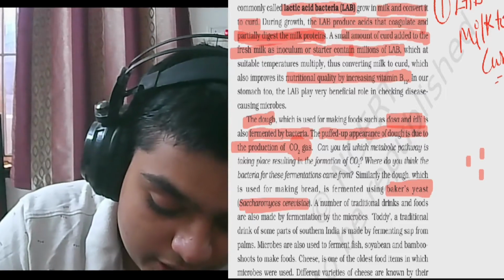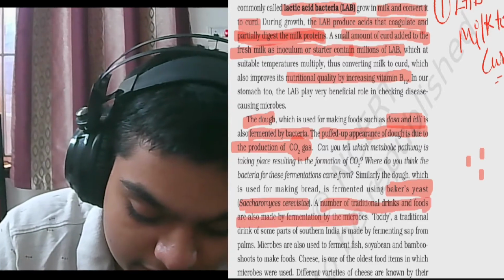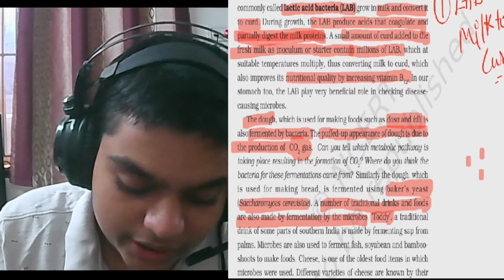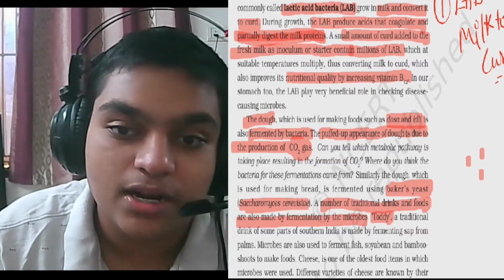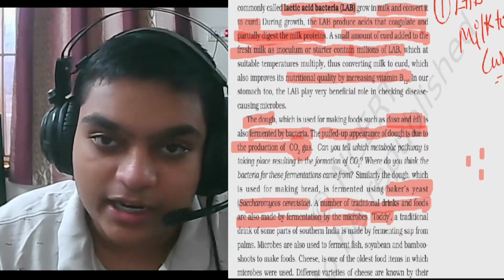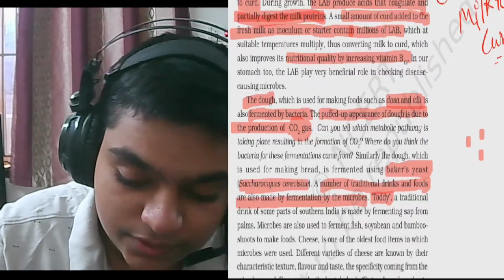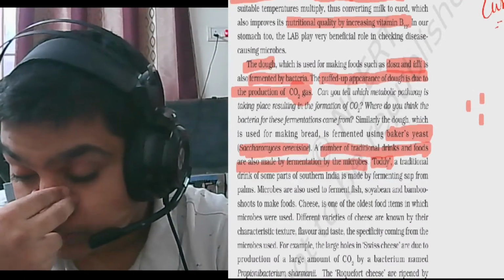A number of traditional drinks and foods are also fermented by microbes. A traditional drink example is toddy. It is fermented by some natural microbes, and I'll tell you the name when we do the MCQ series. There we have a question, and the name of the microbes is not given in your NCERT.